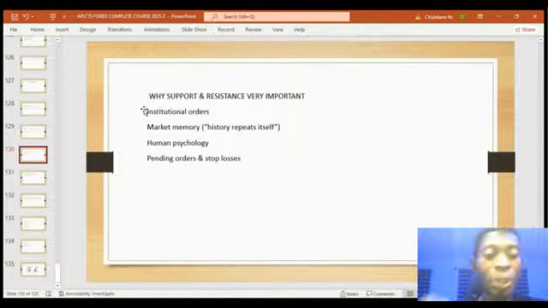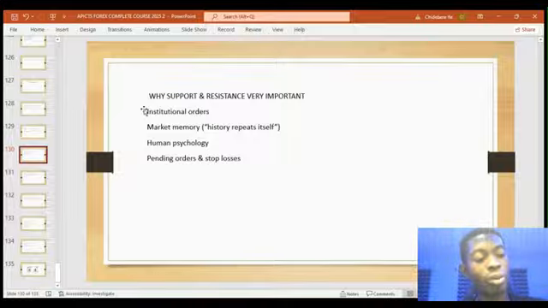So let's look at this. On day one, I was teaching you who trades forex and why. We mentioned CBN, commercial banks, Bank of China, different kinds of banks.